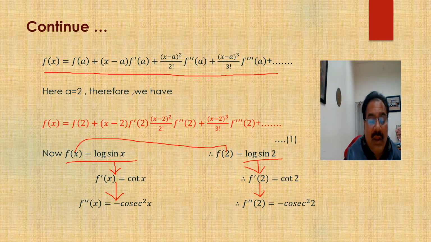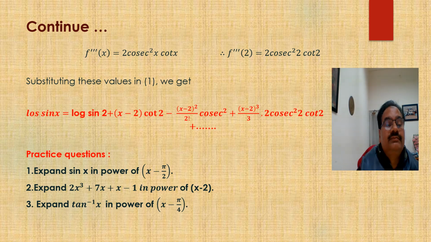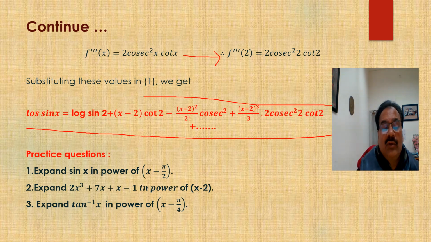And here you can also put f(2) is this, then from here you will get this, and from here you will get this f double dash 2. Now, f triple dash x is this. From here you can write f triple dash 2, and now putting all these values you will get the expression of log sine x. This is a beautiful expansion of log sine x in powers of x minus 2.